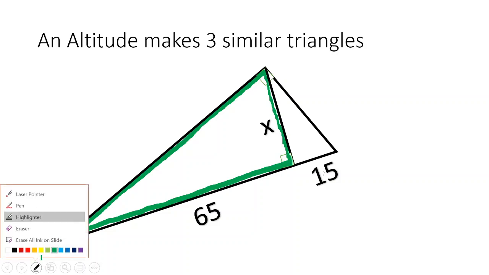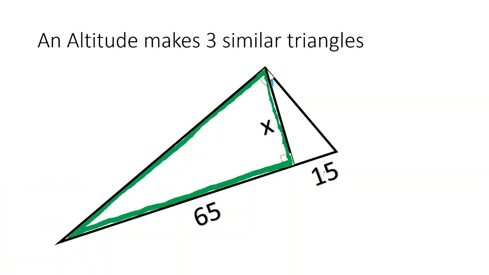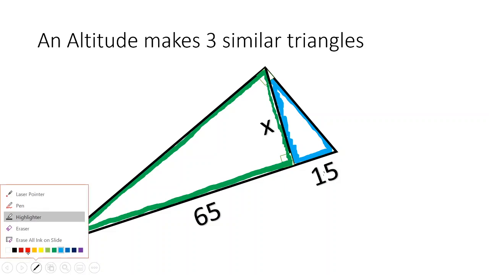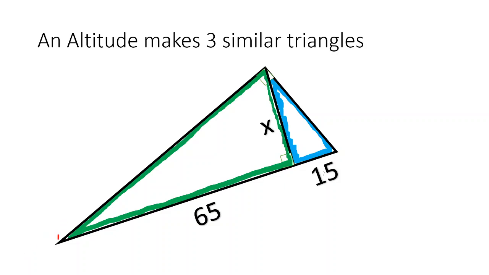Then I'm going to have a blue triangle, which is right here. And then we have our large triangle. So we have our small triangle, our medium triangle, and our large triangle. The large triangle I'm going to highlight with red on the outside.